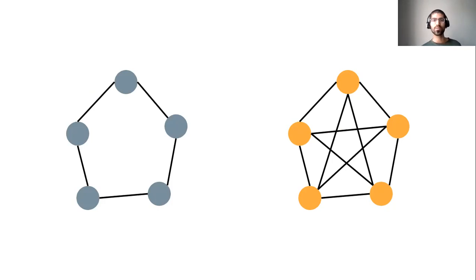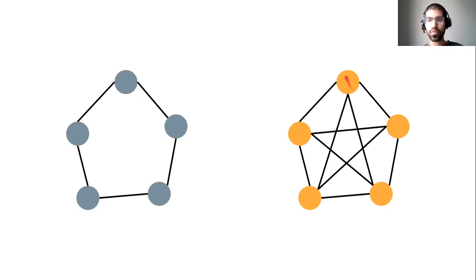Another interesting concept is to not look at the network as a whole, how many edges the network has as a whole. Instead, look at individual nodes. Let's say we look at this top node. What we can see is the top node is connected to a node on the left and on the right, but those nodes are not connected to each other.